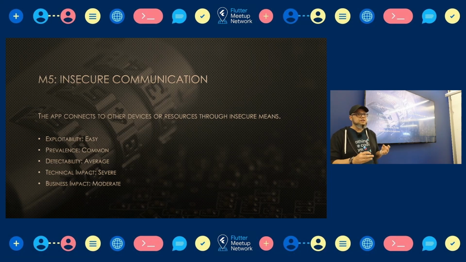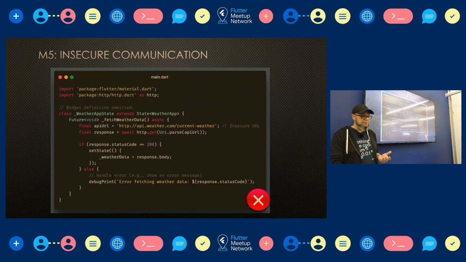In other words, if the data that your app handles can be changed in transit without the change being detectable, let's say through a man-in-the-middle attack, then that is a good example of this risk. And the most classic example of this is connecting to insecure endpoints. In this example, I'm connecting to an endpoint that is not using SSL.